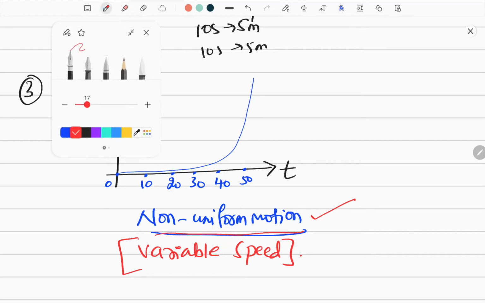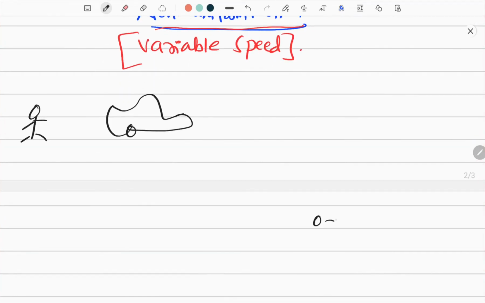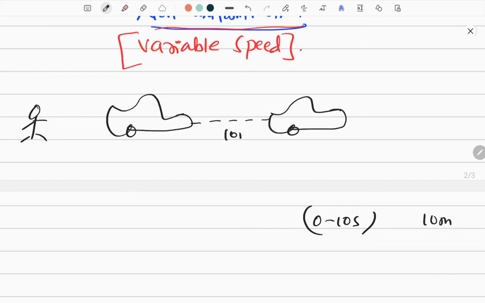If you want to take the example of that car, I don't want to copy and paste that car anymore. This car was here, and here was the person observing. He observed it for, for example, 0 to 10 seconds, and the car moved 10 meters. It has come here. How much has it moved? It has moved 10 meters.